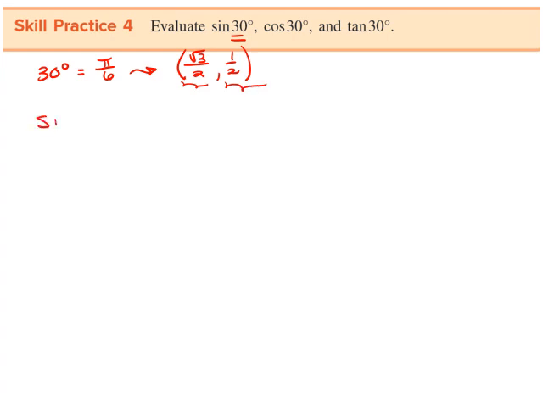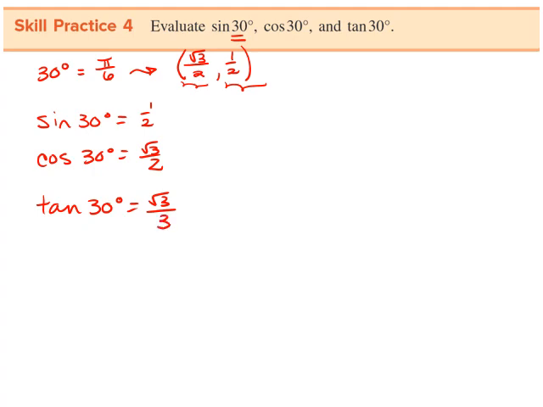So sine of 30 degrees is 1/2. Cosine of 30 degrees is root 3 over 2. And we just talked about memorizing tangent of 30 degrees. 30 degrees is smaller than 60 degrees, so this one is root 3 over 3. If you memorize things, this is a lot more manageable.